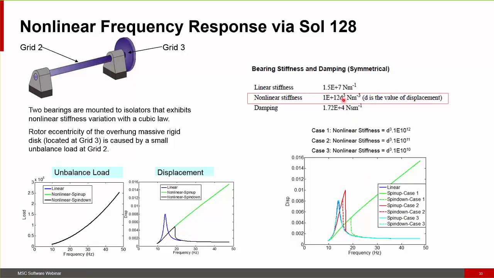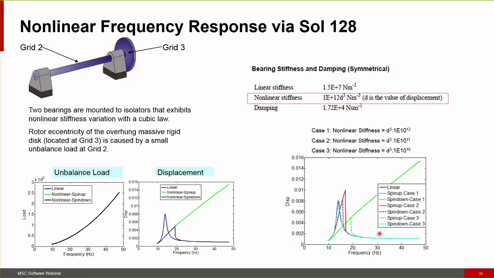And here on the right, we're looking at a nonlinear stiffness, in that we have a relationship of displacement cubed multiplied by a constant, and what we're doing here on the bottom is comparing the linear response with an increasing constant that is multiplied by displacement cubed.